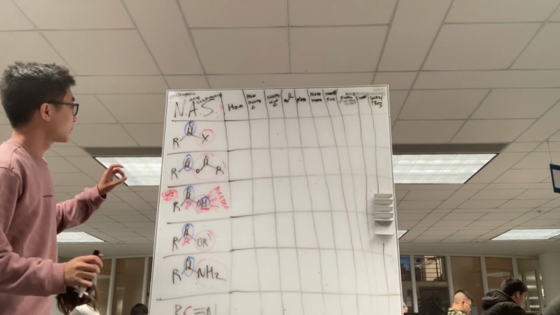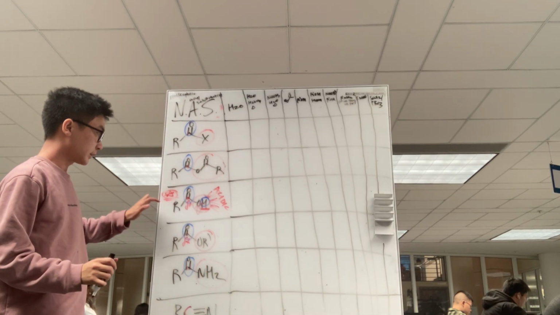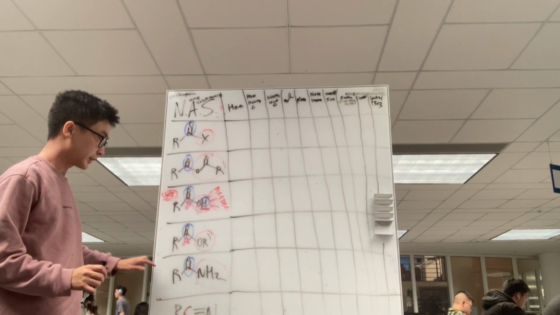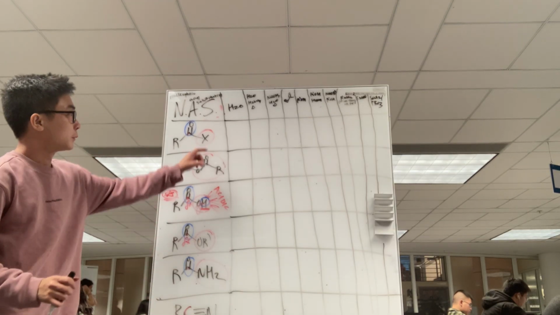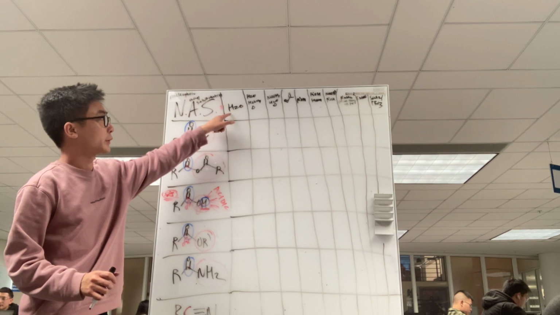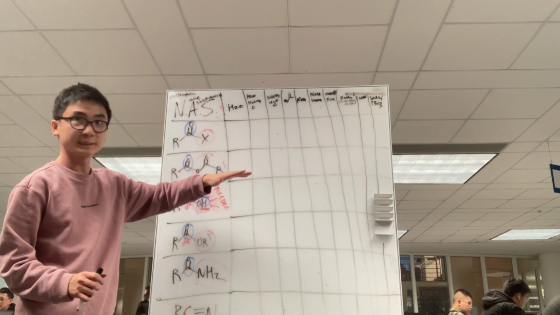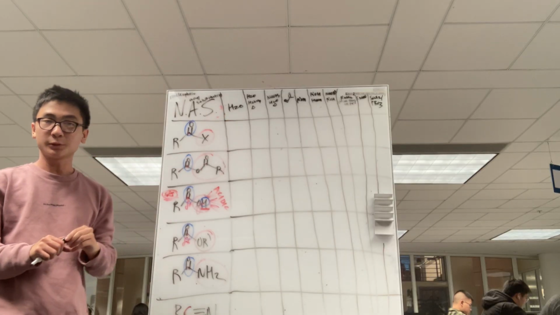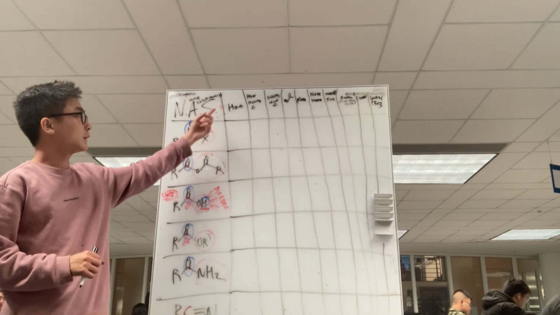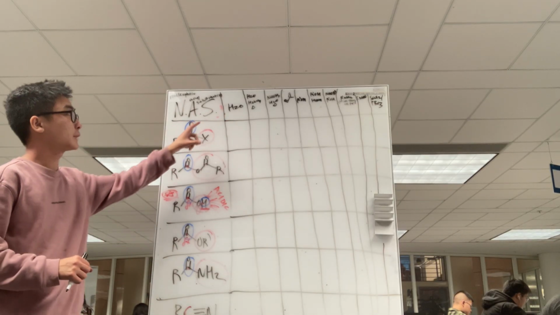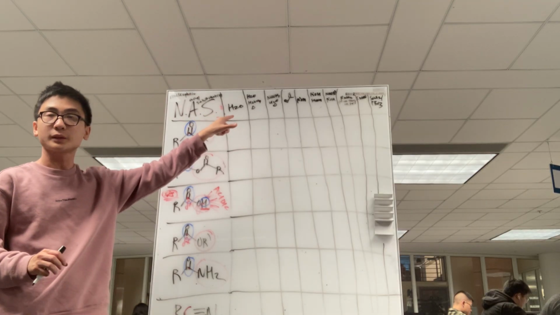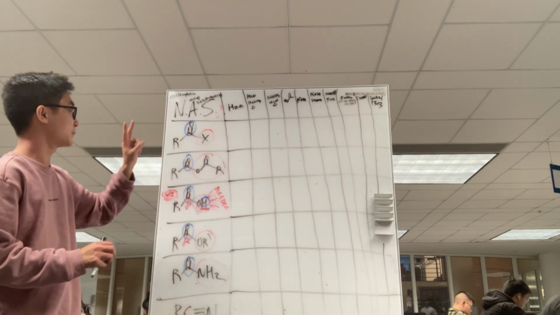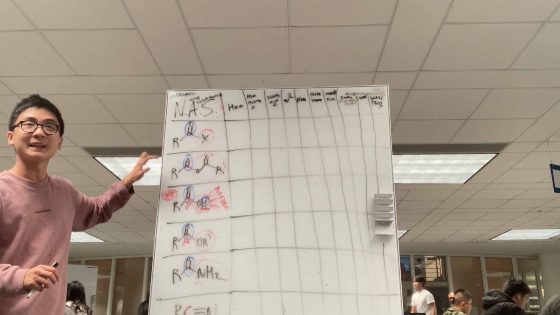So, this is acyl halide, anhydride, carboxylic acid, ester, amide, and nitrile. We're going to first look at neutral water, no acid, no base, no heat. If we have just neutral water here, which is stable, not reactive, which one of these do you think is going to react with just water alone? Yeah, the top two, acyl halide and anhydride.